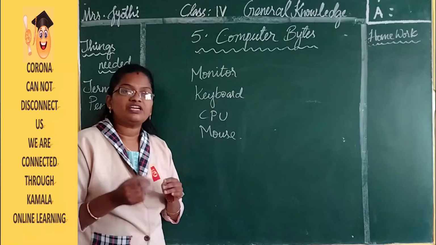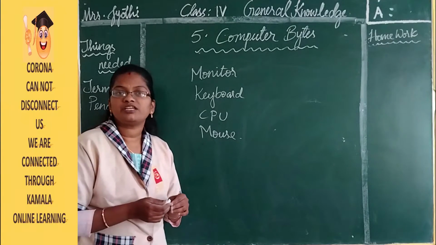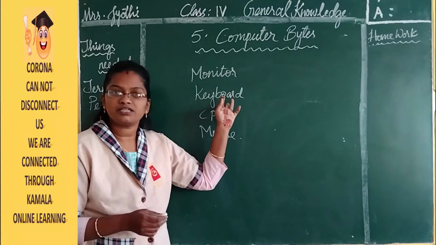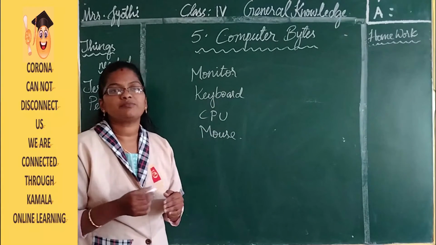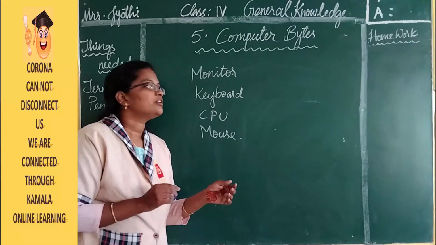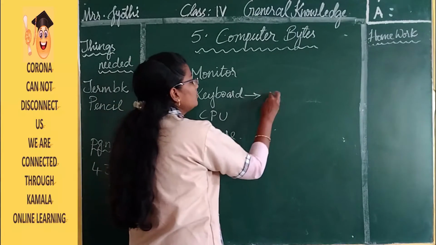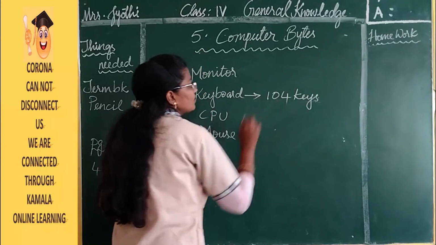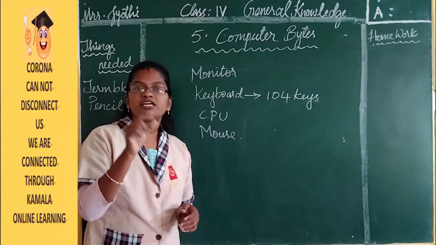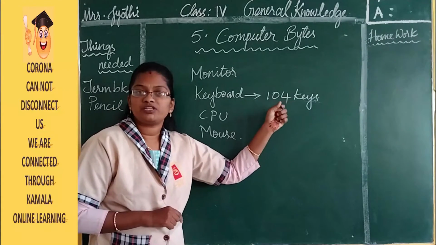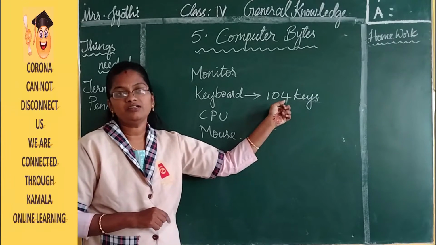Now today we are going to deal with some more things, mostly the keyboard, which we use to type. In a keyboard we have 104 keys. The buttons which are present on the keyboard are called keys.